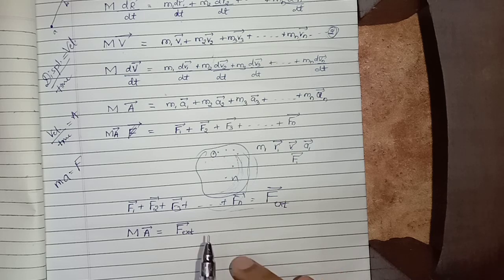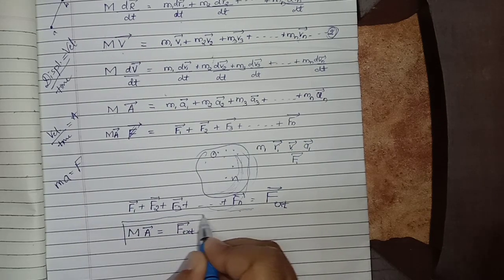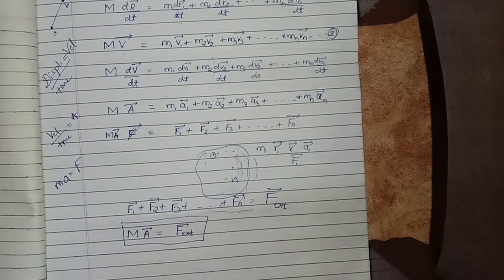Internal forces do not contribute to the motion of the center of mass. Internal forces do not play any part in the motion of the center of mass, but we have the external forces, the vector sum of external forces. So this product M into A is equal to F external. This is the expression we are getting.